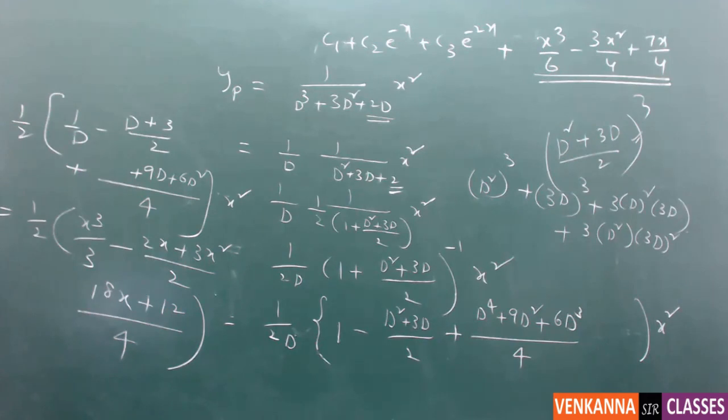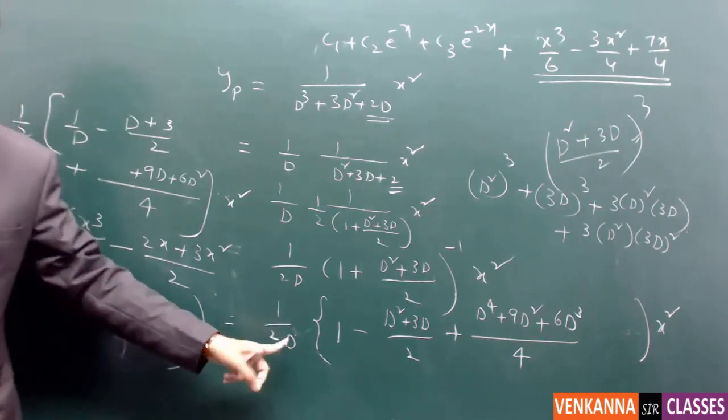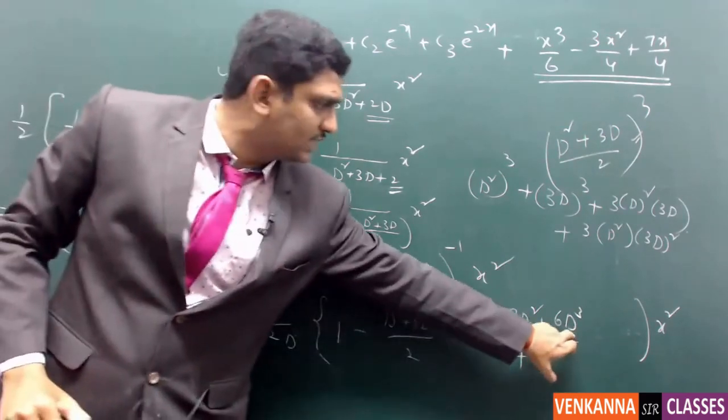That is why I mentioned whenever x square, x cube things are given, then obviously you will have a mismatch always with the constant. See, since 1 by d is there, I have multiplied with d, so 6d square will come there.